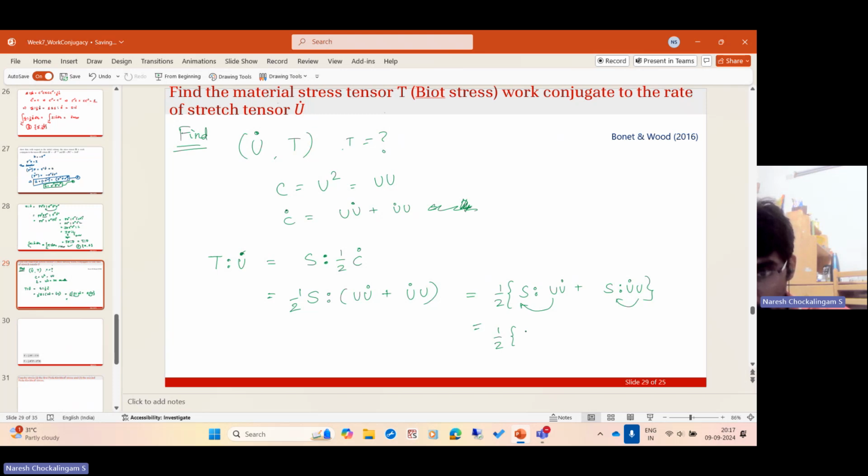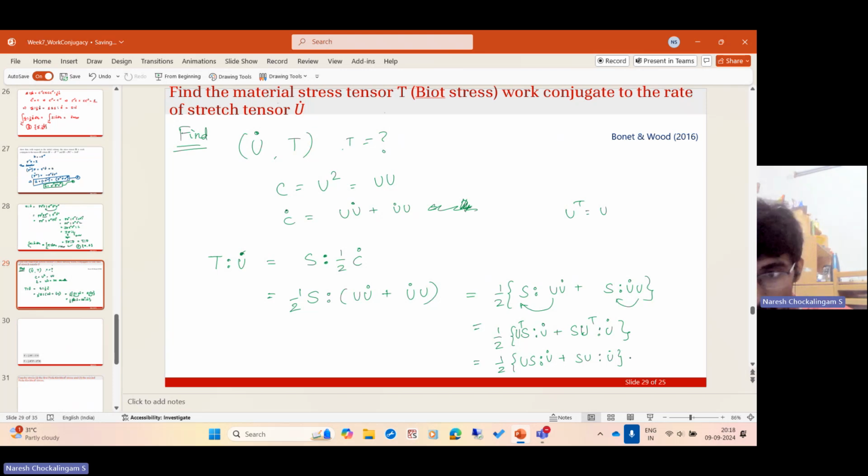It is half of U transpose S contracted with U dot plus S U transpose contracted with U dot. But U is a symmetric tensor, so U transpose is equal to U, which means it is half of U S contracted with U dot plus S U contracted with U dot.